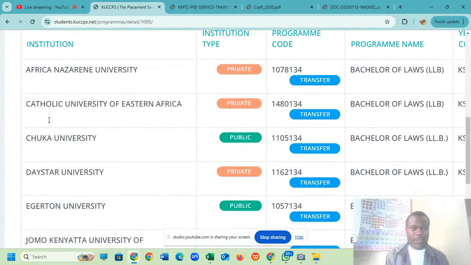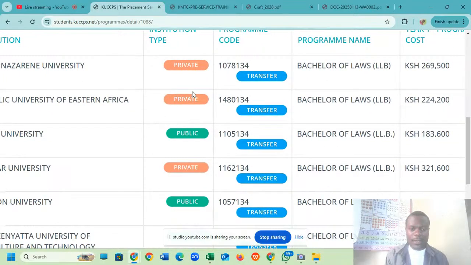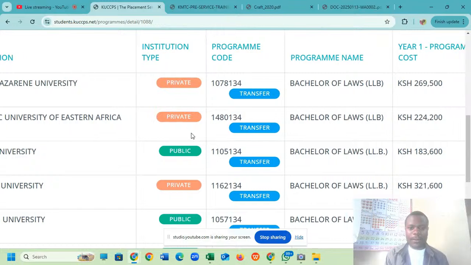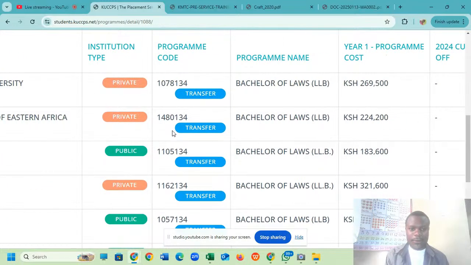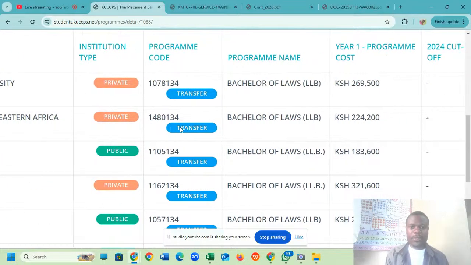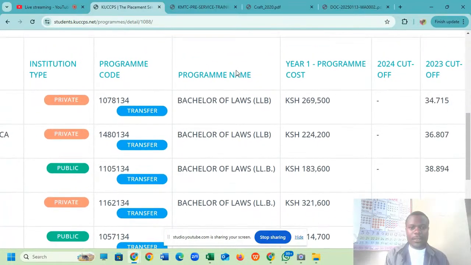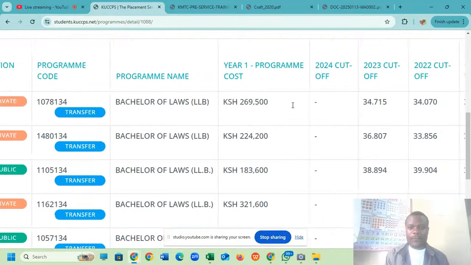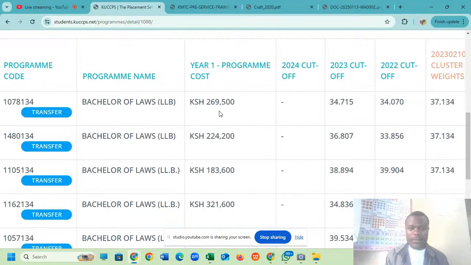So here you can see African Nazarene University, Catholic University. They'll indicate if it is a private or a public university. This is the program code that you'll be using during the application. Then the course program Bachelor of Laws, they'll indicate the year and the cost of the program.